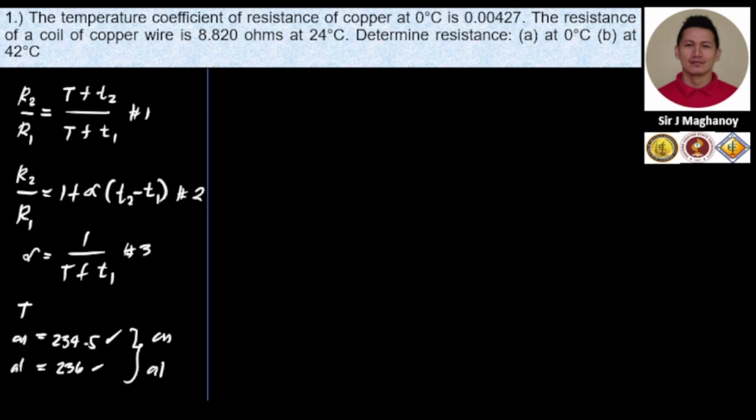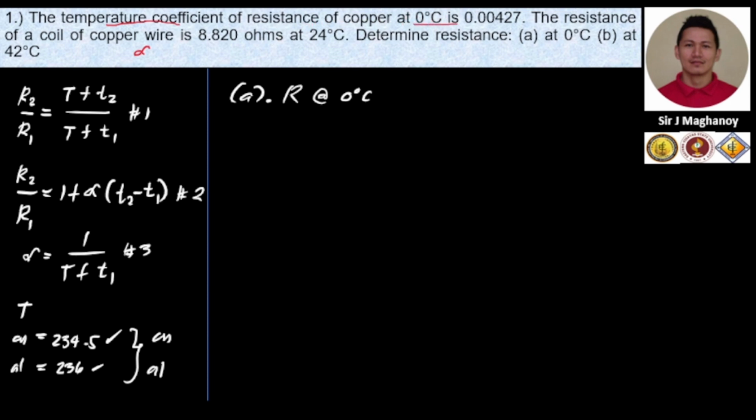Determine the resistance at 0 degrees Celsius. So for our letter A, we need to determine the resistance at 0 degrees Celsius. Let's recall the formula right away, our formula number 2. If we evaluate the given, the temperature coefficient is already given, and we have the resistance of copper at 0 degrees.